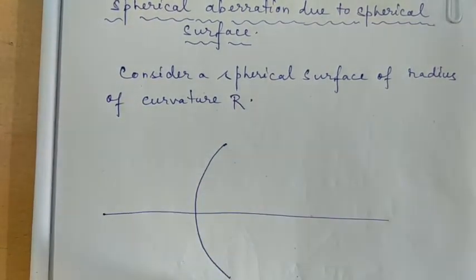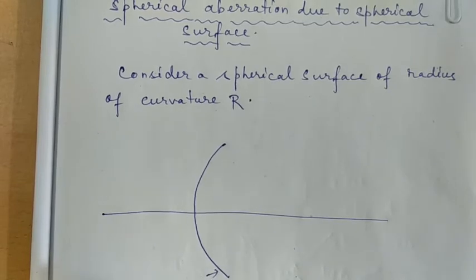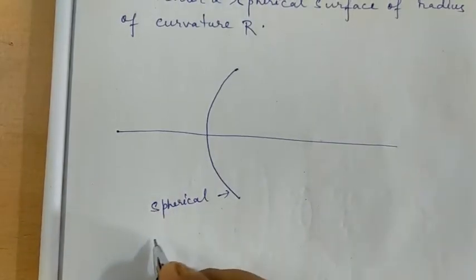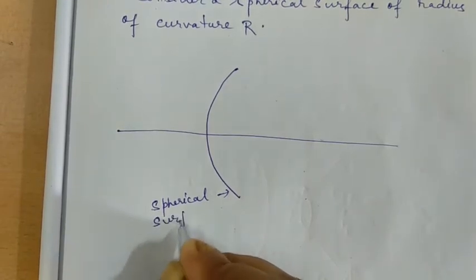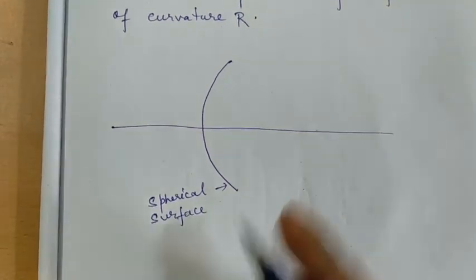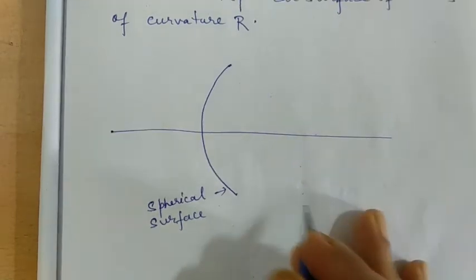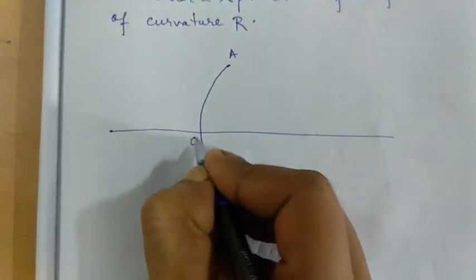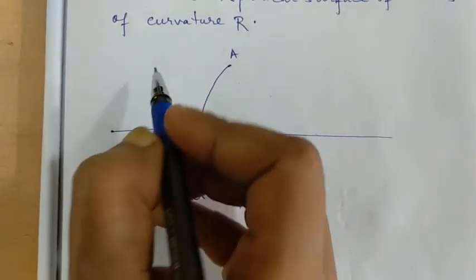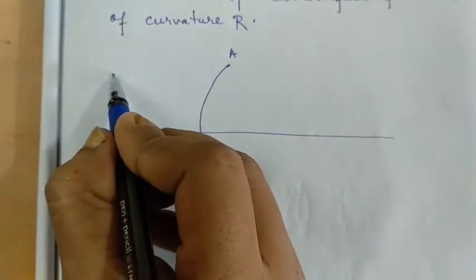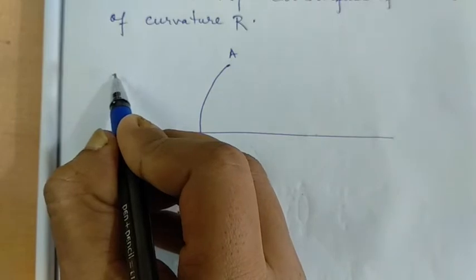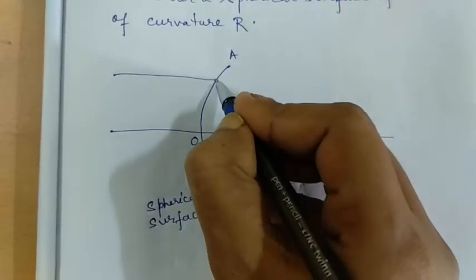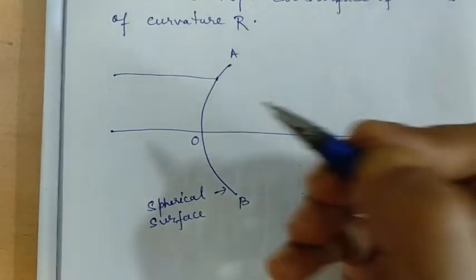So this is the spherical surface, suppose. Let's say this is A, B, and this point is O. A ray is passing parallel to the principal axis and striking at a point P on the spherical refracting surface.